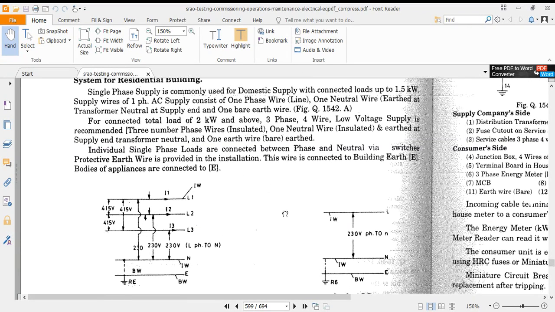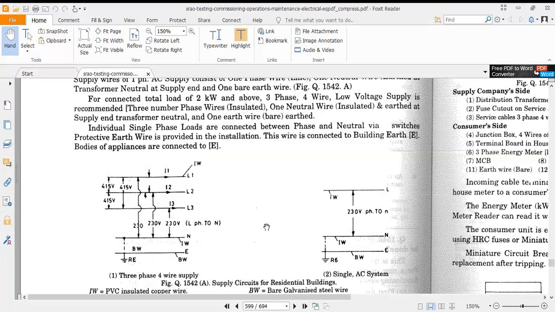Now, as we discussed, a single phase AC supply system consists of one phase and one neutral, and that neutral is generally earthed at the transformer neutral at the supply end, and there is one bare earth wire that we can see here.